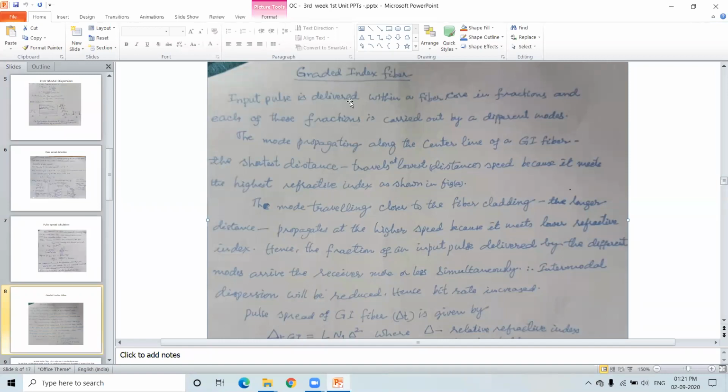It is possible by adding dopants to the basic material of the fiber, so that the refractive indexes are changed.